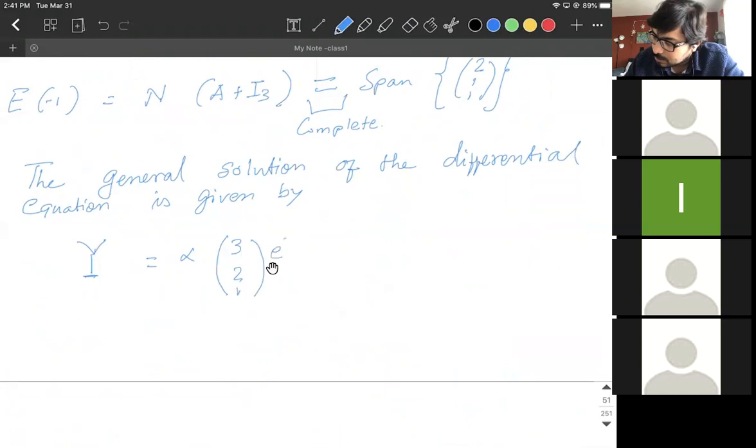Now e to the 0t. So remember, e to the eigenvalue times the variable t.